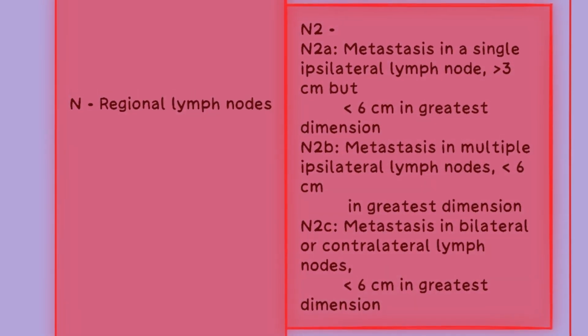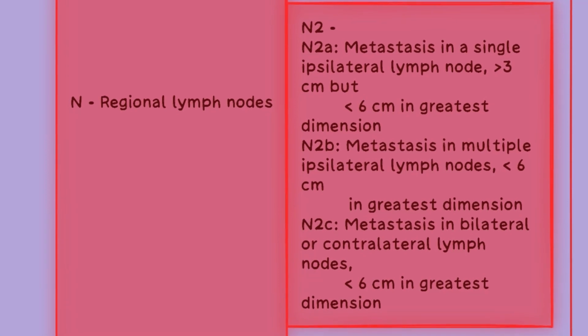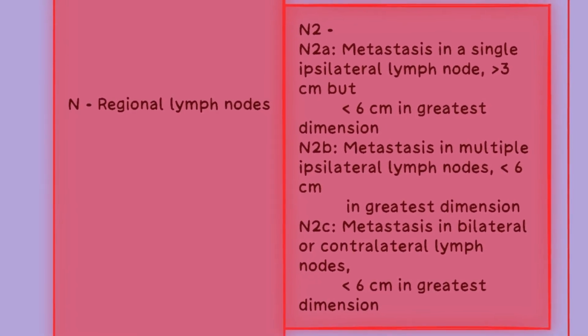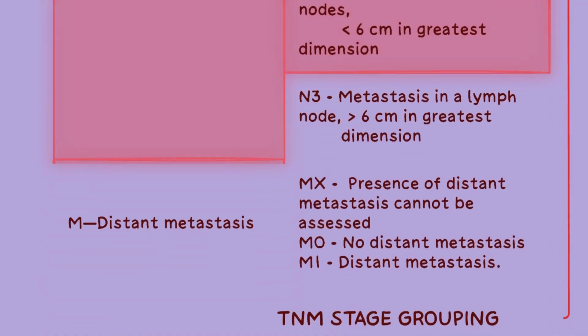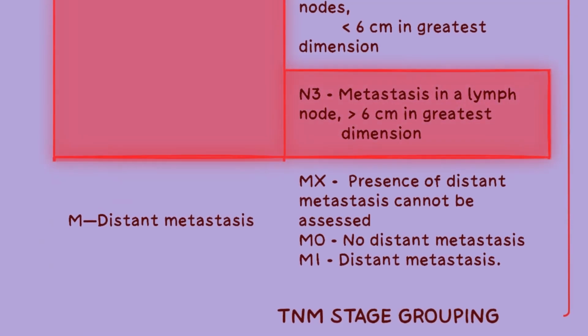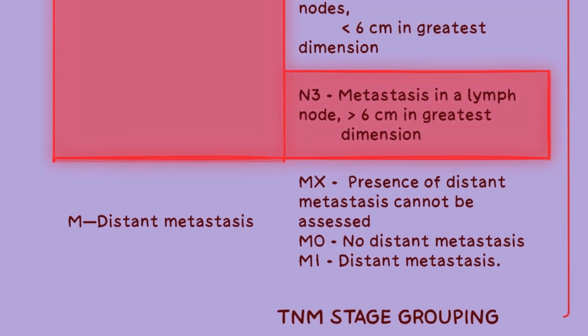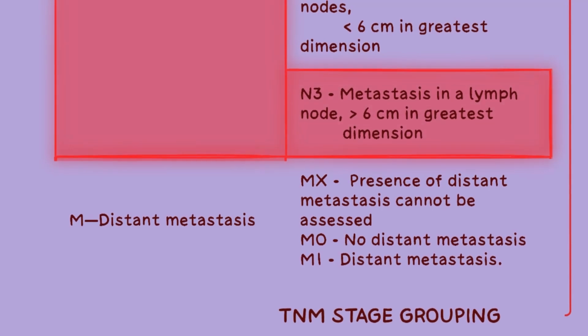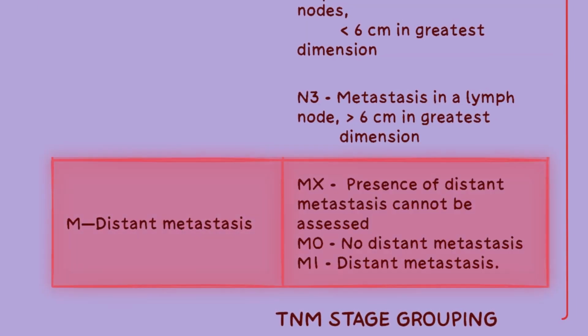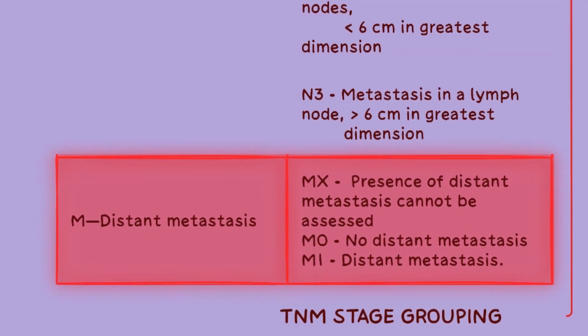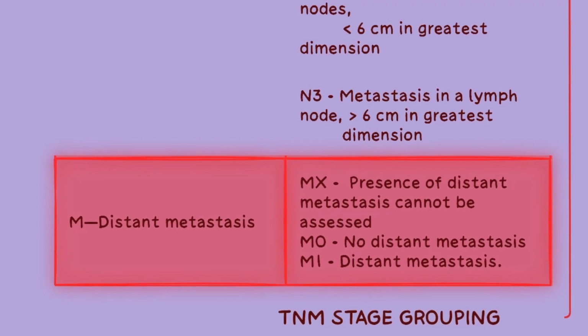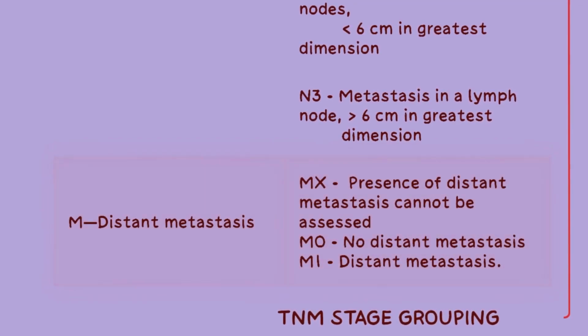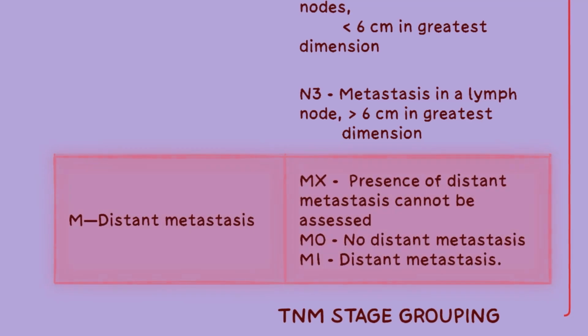N2c, metastasis in a bilateral or contralateral lymph node less than 6 cm in greatest dimension. And N3, metastasis in a lymph node more than 6 cm in greatest dimension. M, distant metastasis. MX, presence of distant metastasis cannot be assessed. M0, no distant metastasis. Or M1, distant metastasis present.